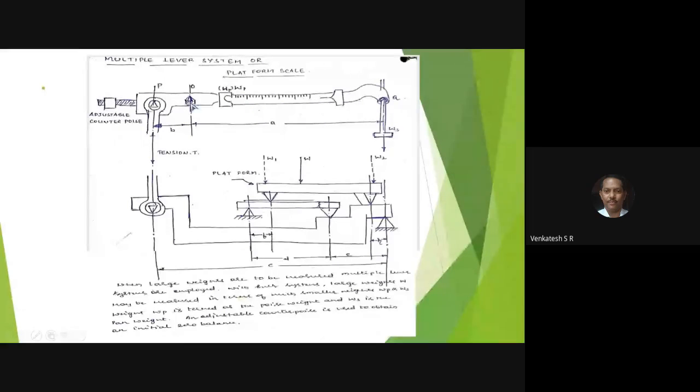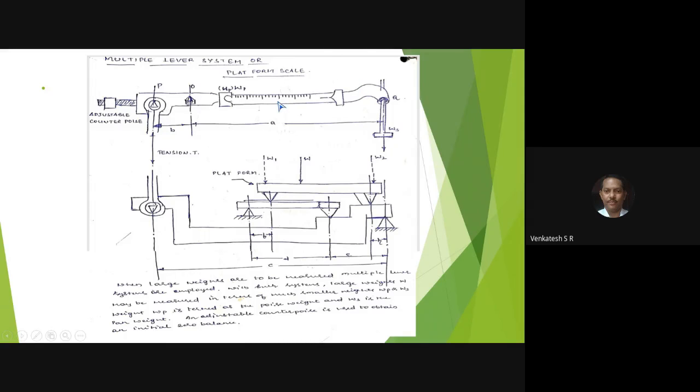This is the beam, and on the back side, there will be an adjustable counterpoise. Before measuring anything, you have to make the instrument read null balance, that is, zero reading. This beam oscillates up and down.